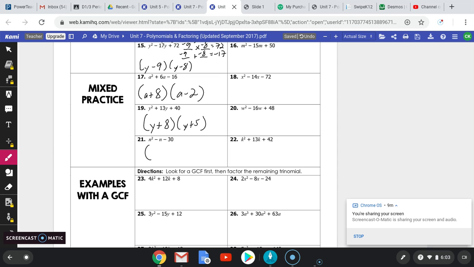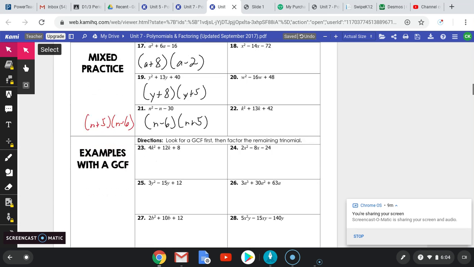And then for the last one, you should have n minus 6 and n plus 5. The other thing I forgot to mention is that it does not matter the order. In other words, for number 21, if you had n plus 5 and n minus 6, that's still the right answer. So the order doesn't matter, but yes, 6 has to be negative and 5 has to be positive.